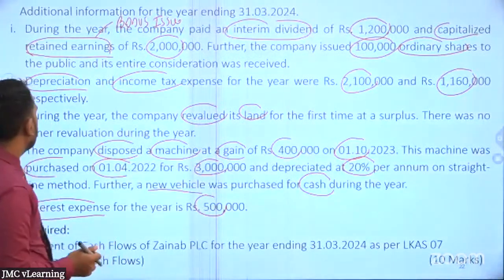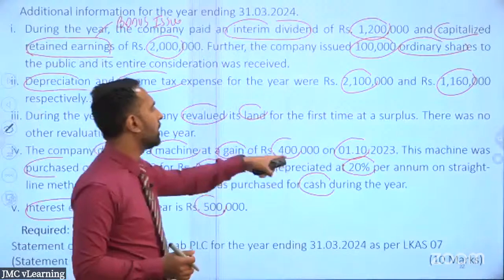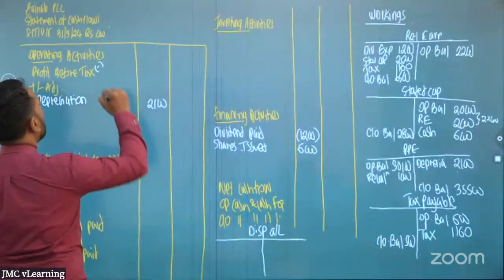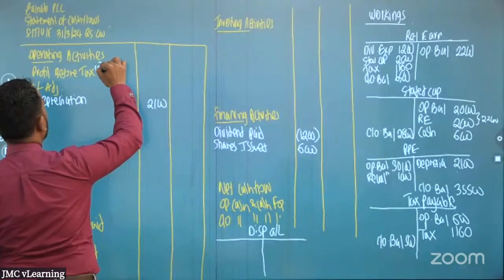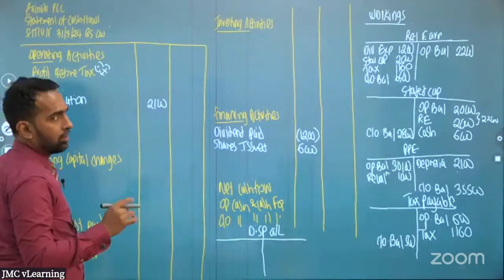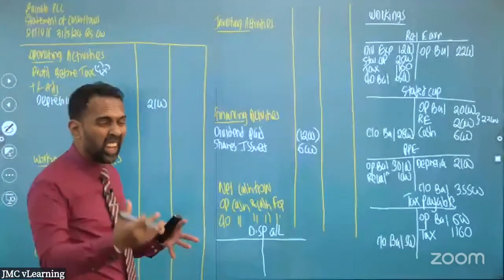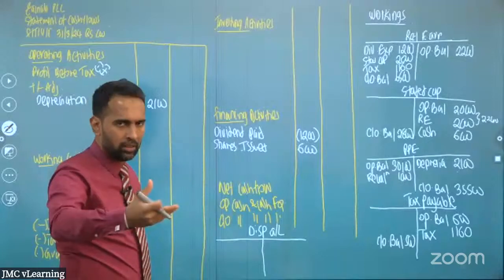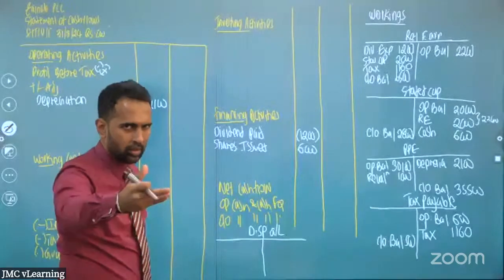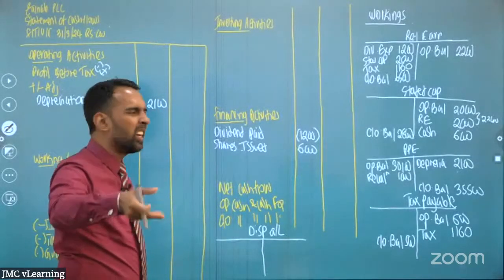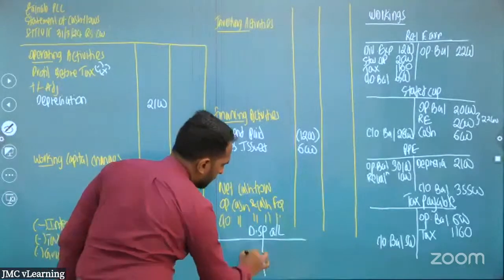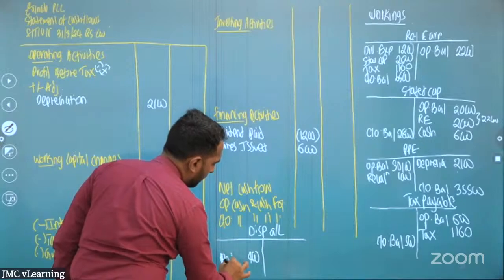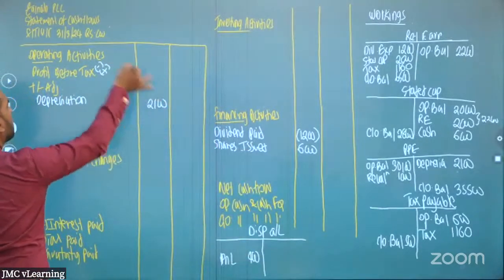Then they are saying the company disposed a machine at a gain of 400 rupees. There's another income. You know that gain has already been added here, under the other income. What is the double entry when you pass the gain to the P&L? So it's a disposal gain, so your P&L should be credited. Credited to profit or loss, debited to disposal gain or loss. It has been added.